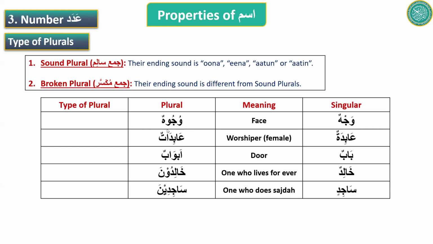Its plural is wujuhun. What kind of plural is that? It's broken plural. Why? Because there is no una, ina, atun, atin ending. Very good. So simple as that. Wujuhun is a plural. There is no una, ina, or atun, atin sound at the end. That is why we call it broken plural. It is not sound. Okay, let's go to the breakout room now.